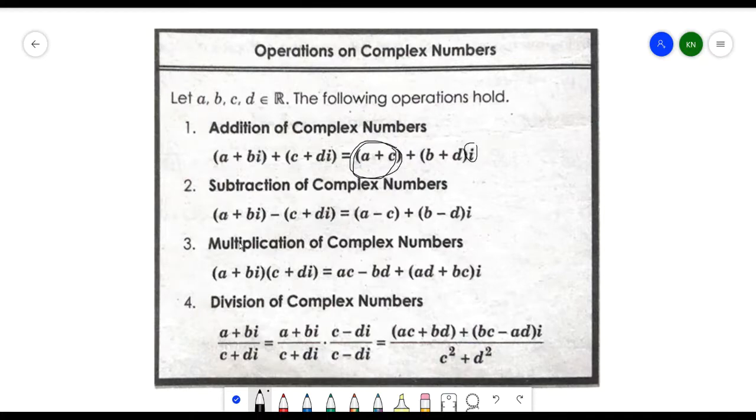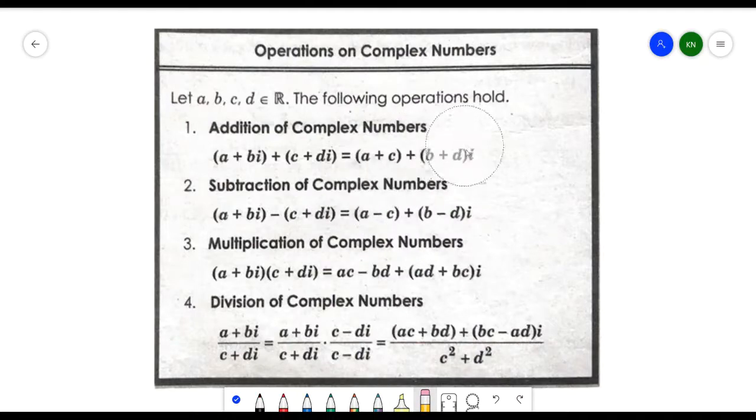The same goes with the subtraction of complex numbers. We just have to subtract the constant numbers or the real numbers, and subtract as well the imaginary parts, and we have our imaginary unit.